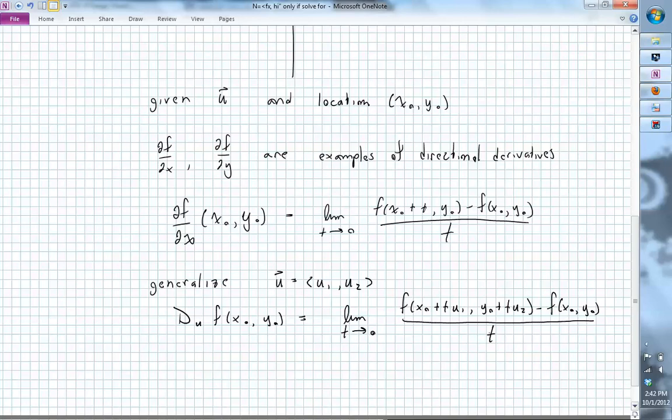So this difference quotient represents going to x naught along the x-axis, parallel to the x-axis. What this difference quotient represents is going to the point x naught, y naught along the direction u1, u2. So this is a generalization of this.